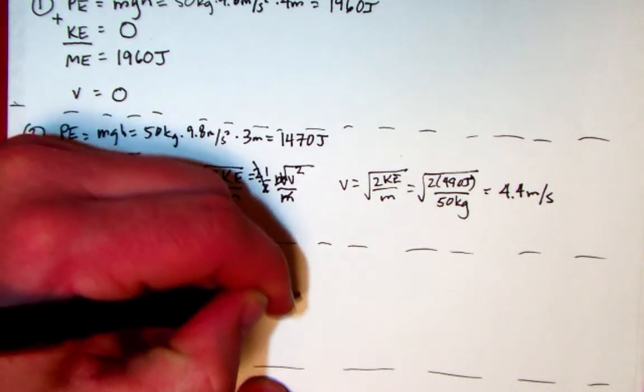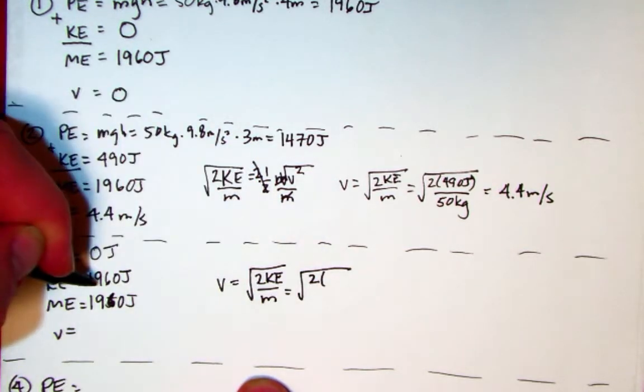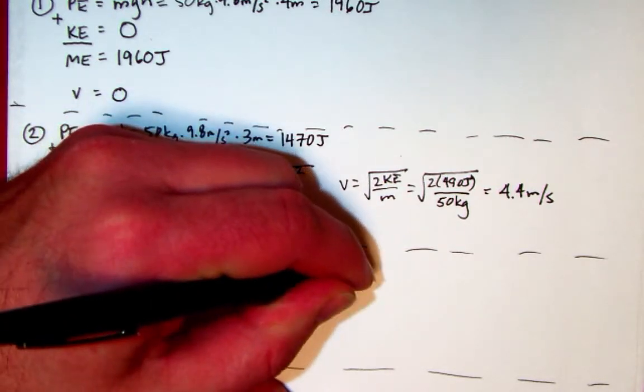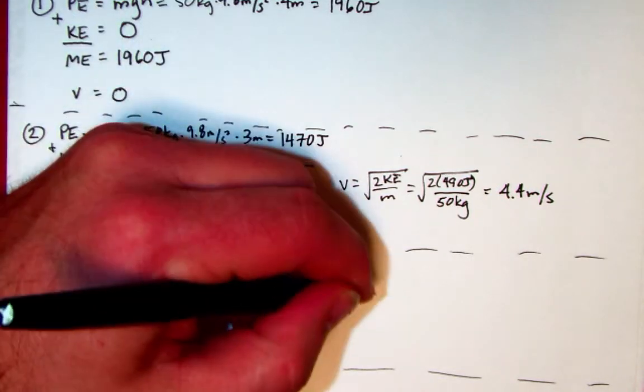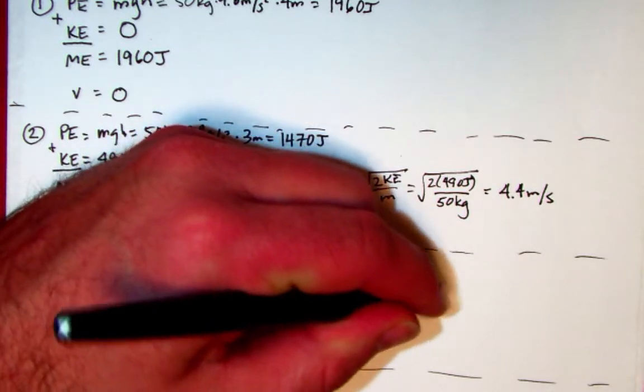And in this case, it's going to be 2 times 1960 divided by 50 kilograms. And in this case, that works out to be something like 8.9 meters per second.